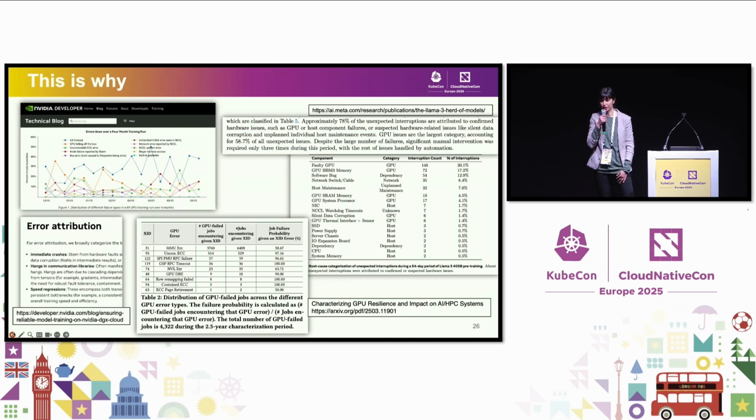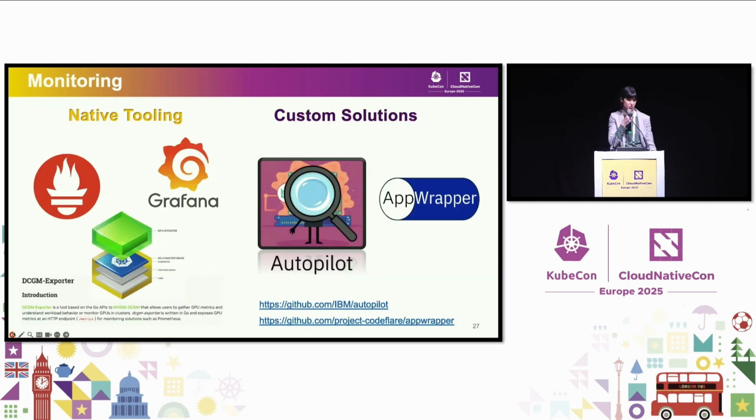On the bottom right and center, I also included a screenshot from a paper that was just published 1 or 2 weeks ago by IBM Research and the University of Illinois Urbana-Champaign, where that table shows how many jobs failed because of GPU errors during a time span of 2.5 years. Those jobs were more than 4,000. So long story short, we need to take a look at those GPUs.